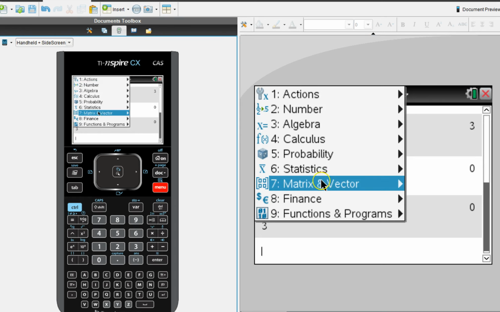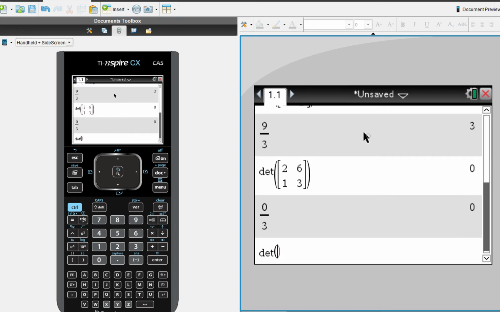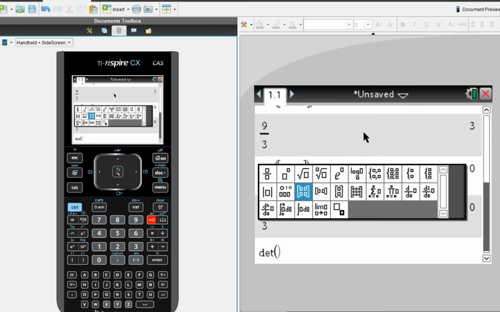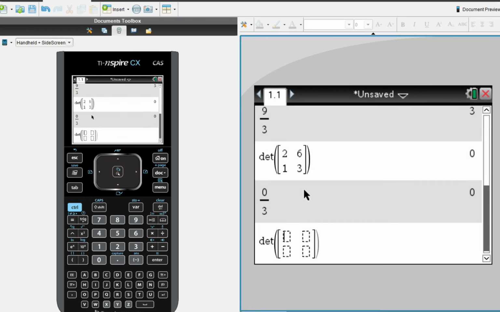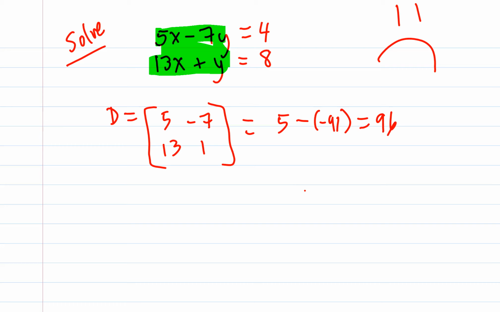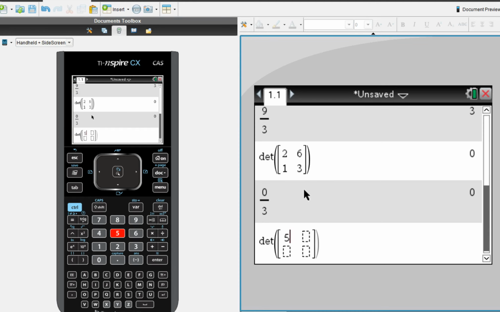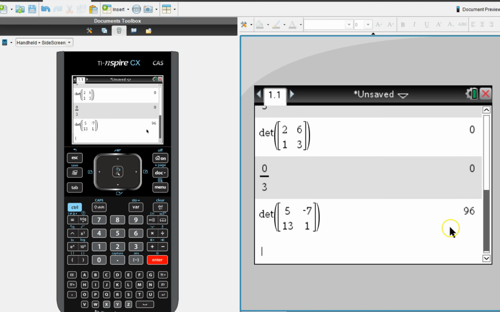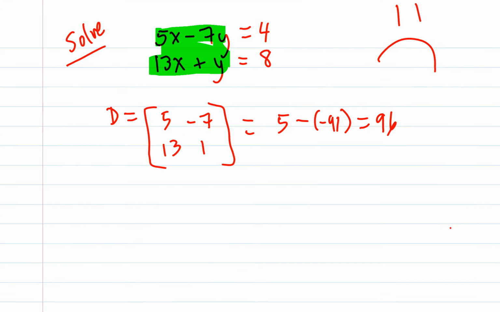Menu, matrix, determinant of A, choose 2 by 2. And our numbers were 5, negative 7, 13, and 1. 5, negative 7, 13, and 1. Is that the same answer we got? Yes, it is.